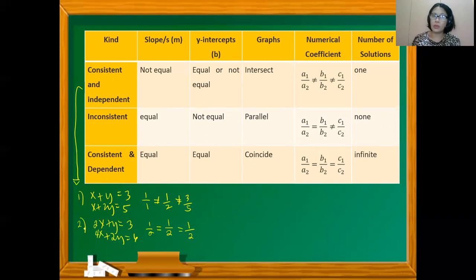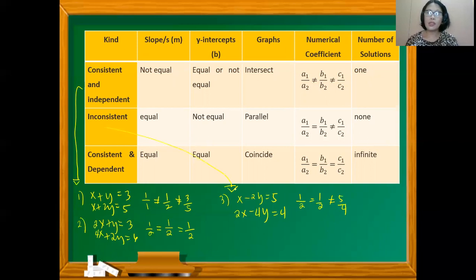So this is considered a consistent and dependent system. And the third example, you have x minus 2y equals 5 and 2x minus 4y equals 4. So we have 1 half equals 1 half, which is not equal to 5 fourths. So we consider this an inconsistent system.